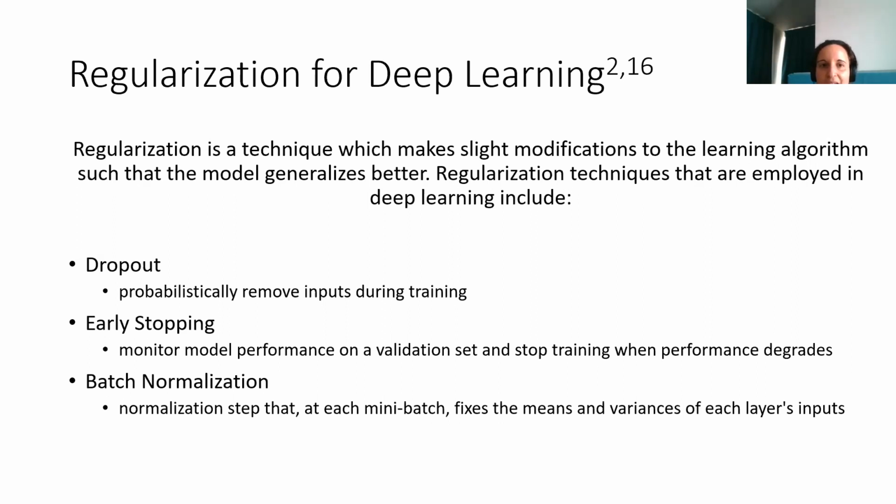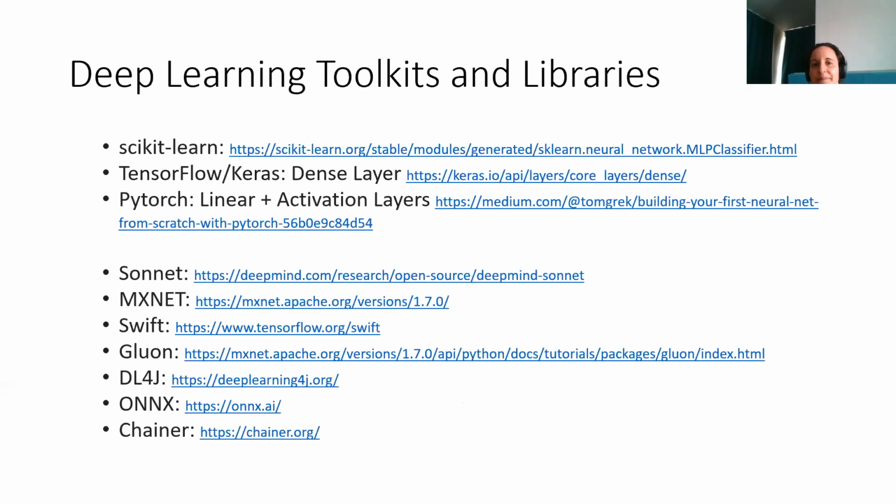Before finishing, do you have any questions on the regularization of training, or deep learning overall? No, okay. That almost concludes the overview of the deep learning models and how you train them, the steps to follow in order to train these models. And here, as I said, are examples of popular deep learning toolkits and libraries.